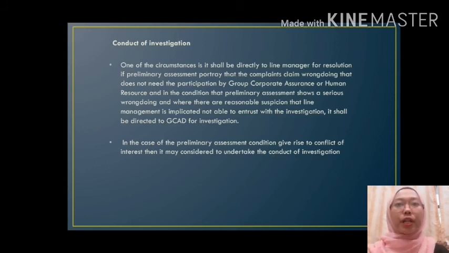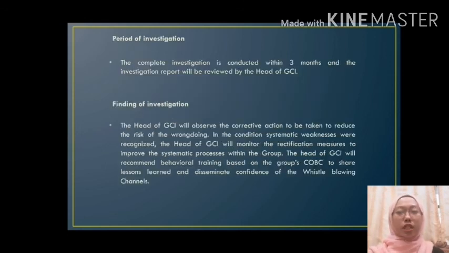In the condition that the preliminary assessment shows a serious wrongdoing and there is reasonable suspicion that the line manager is implicated and cannot be entrusted with the investigation, it shall be directed to GCAD for investigation. In the case where the preliminary assessment gives rise to a conflict of interest, it may consider to undertake the conduct of investigation. Next step is period of investigation.